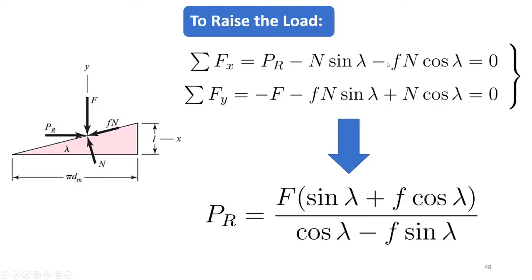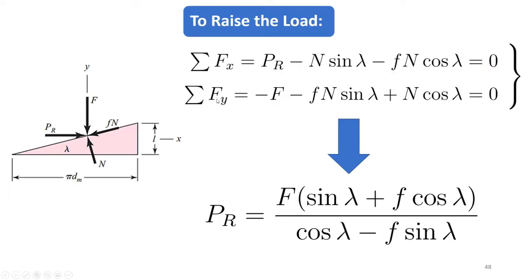Then the next one will be the horizontal force generated by this friction force here, which is equal to Fn cos lambda. So Fn cos lambda will give you the horizontal component of the force Fn, but the sign is going to be in the negative direction, so we have minus. When you sum everything up, it is equal to 0.